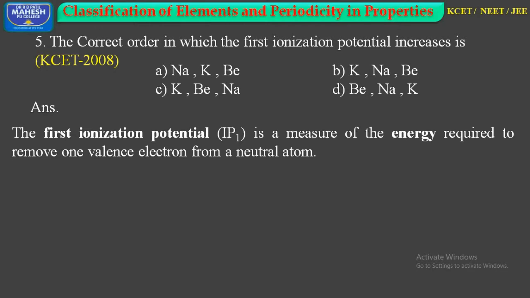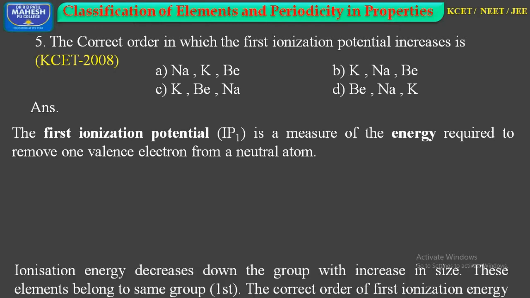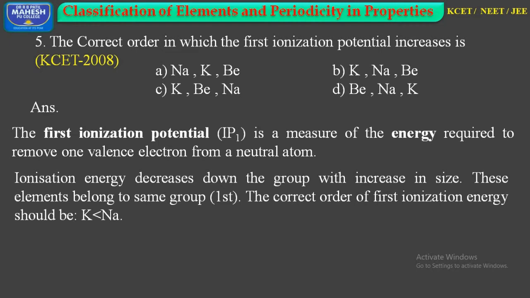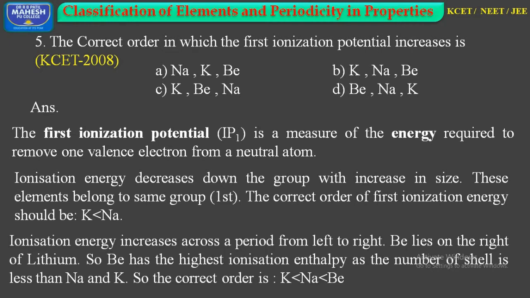Students, in this case, ionization energy decreases down the group with increase in size, and these elements belong to the first group. The correct order of first ionization enthalpy should be: potassium has a lesser ionization potential value compared to that of sodium. Ionization energy increases across a period from left to right of the periodic table.